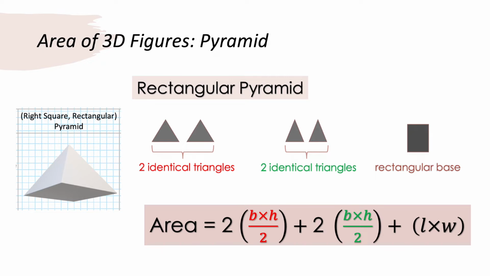A rectangular base pyramid will have a rectangle for the base, surprise, and 2 pairs of triangular sides. For the surface area of a rectangular base pyramid, first you find the area of 2 different sized triangles, double them up to make them a pair, and add the area of the rectangle for its base.